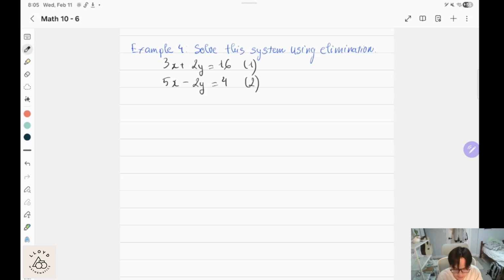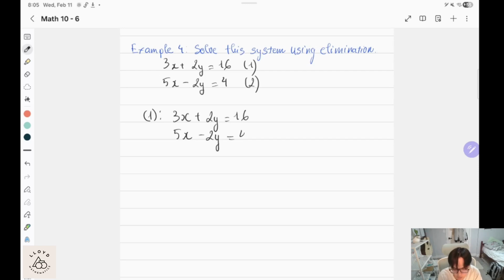Here we come directly to step 3, which is eliminate. So right now I write that again: 3x plus 2y equal to 16 and 5x minus 2y equal to 4.